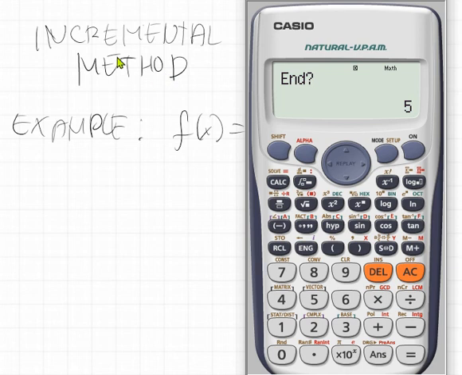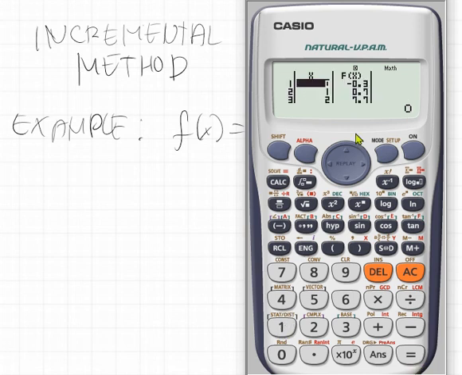We already know that the root of that function is from 0 to 1. But if you don't know it's from 0 to 1, you can just enter 5, then the step. You can also choose 1, then press equals.